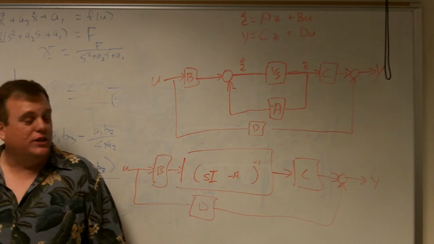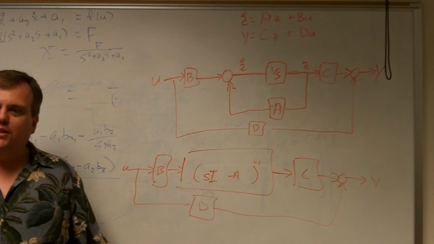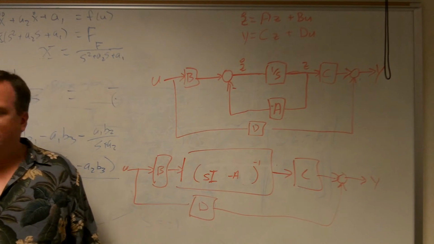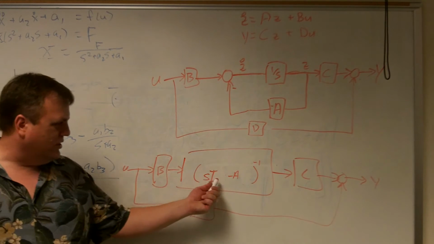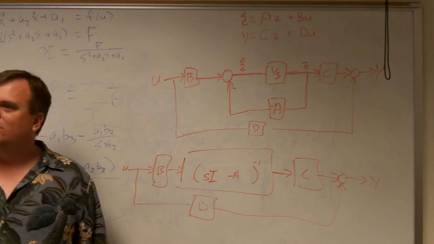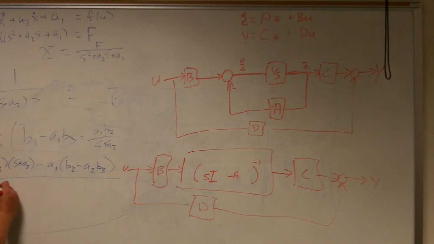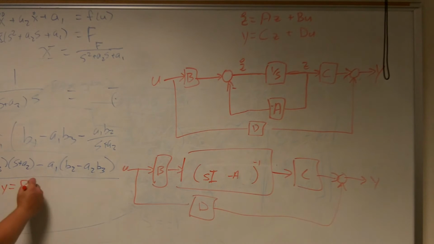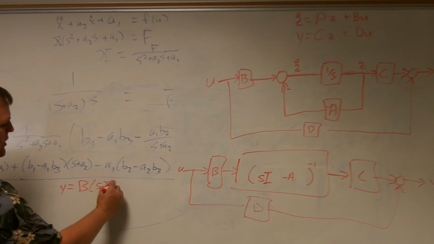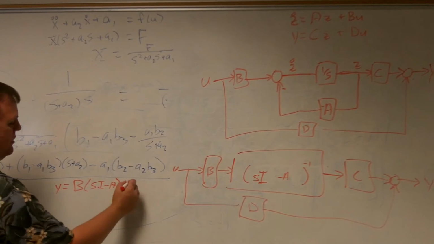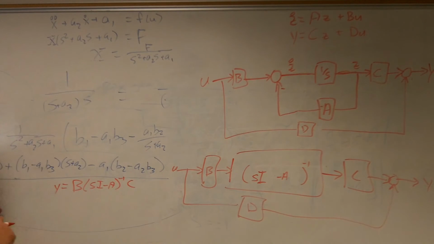The reason is, what would you do when you multiplied these? The natural thing would be to say B times this times C. But think of what that means. What you would get is that your Y is equal to B times (SI minus A) inverse times C.